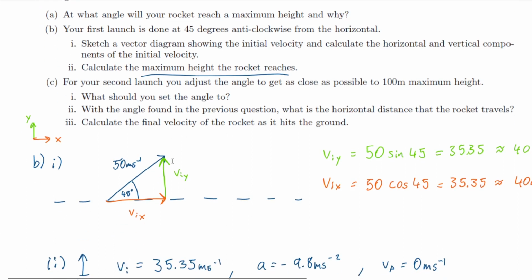So how can you get more height? Well, we'd need to increase the angle, right? If the angle was, let's say, here, the vertical velocity is greater, so the maximum height reached is greater, at the cost of horizontal distance. So we know it needs to be more than 45 degrees.